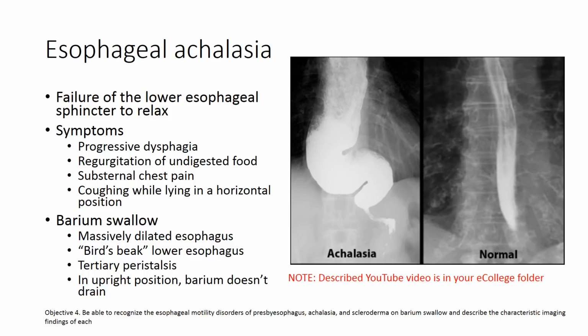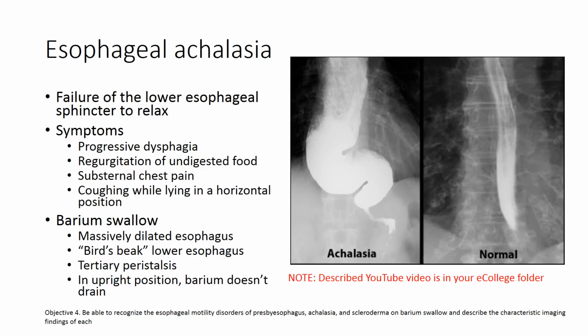But in this case, that lower esophageal sphincter is so tight that even when we stand the patient up, the barium will sit in the esophagus. Peristaltic waves are primarily tertiary in this case. And that's because of the nerve damage. But there are few, especially in advanced cases, few primary and secondary peristaltic contractions.